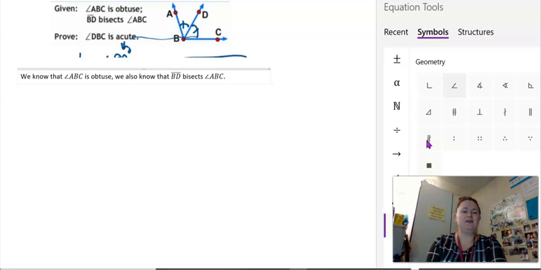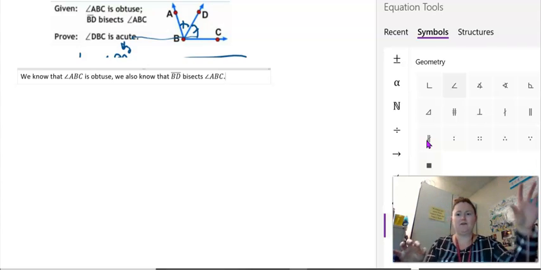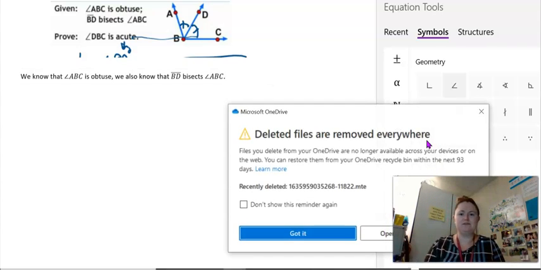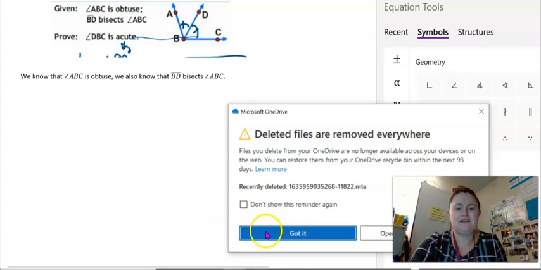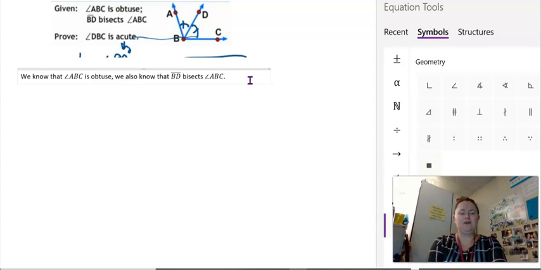So again, if you remember from the flowchart proof, some things flowed from ABC being obtuse. Other things flowed from BD bisecting ABC. So I'm going to start with what I know. I'm going to start by using the information that BD bisects ABC.